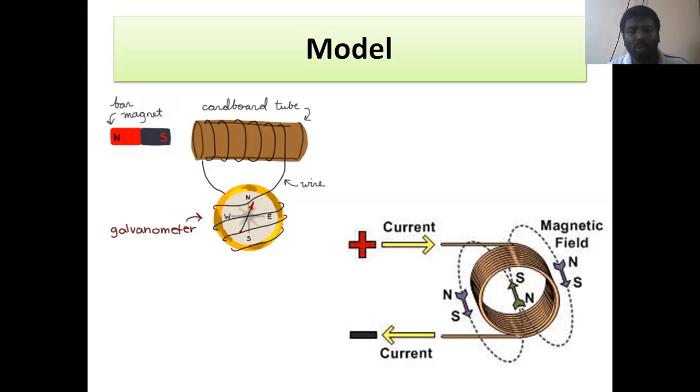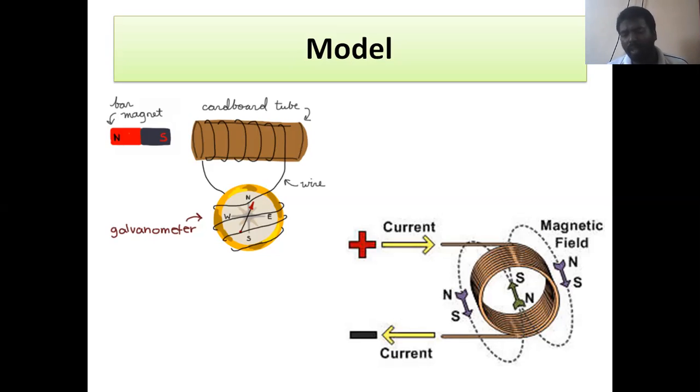In the next picture we can see that the current on one side will be positive and on the other side negative if we move the magnet upward and downward frequently. The electric current is produced from one side towards the other.